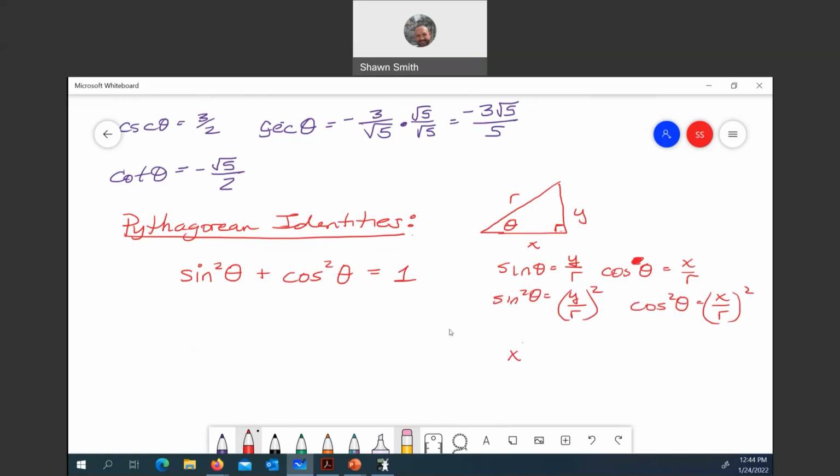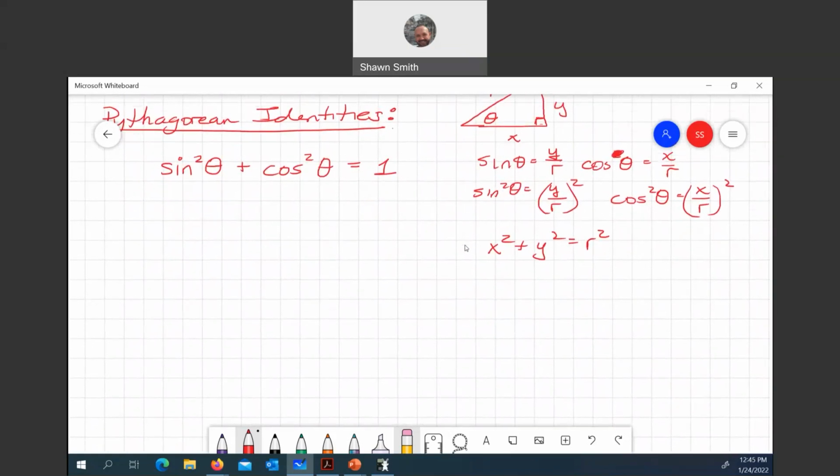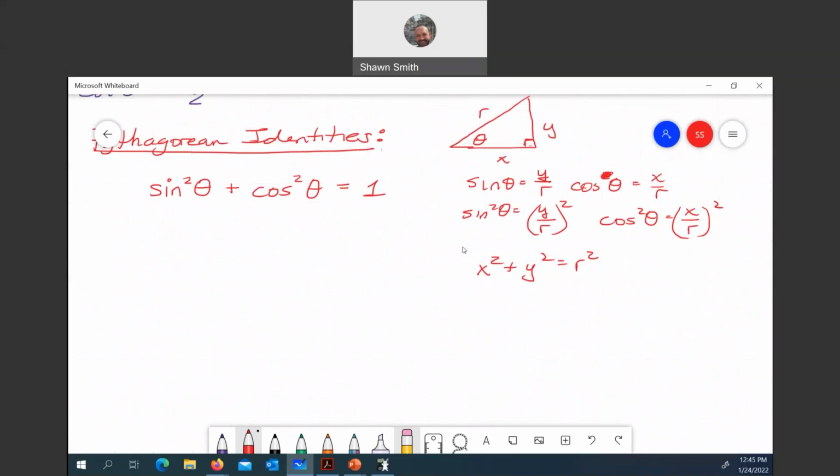And we know that x squared plus y squared is r squared, right? So if I say sine squared, y over r all squared, plus x over r all squared, this has to be equal to 1.